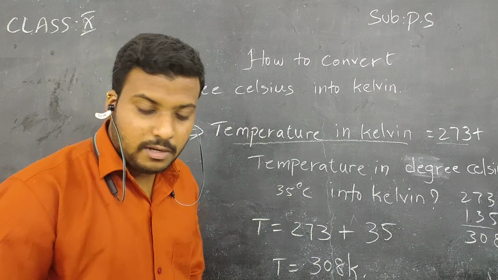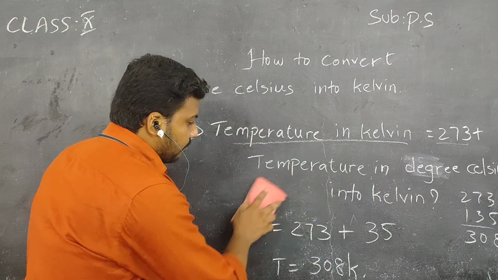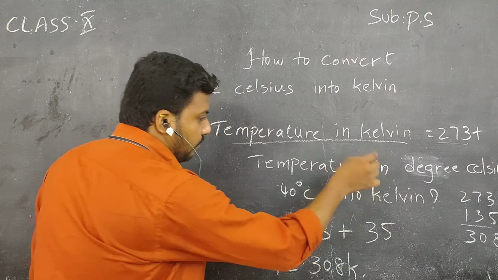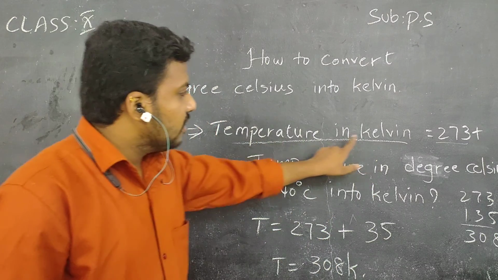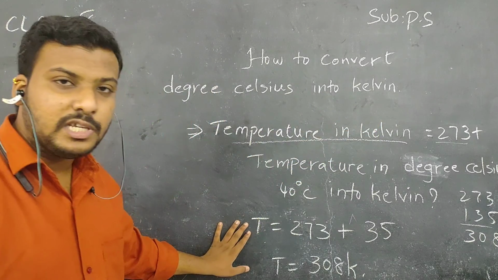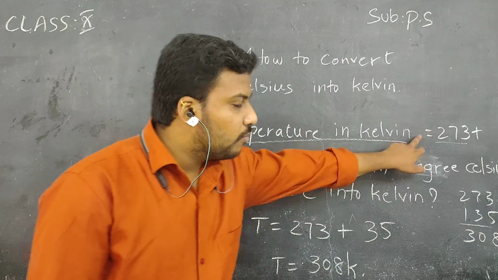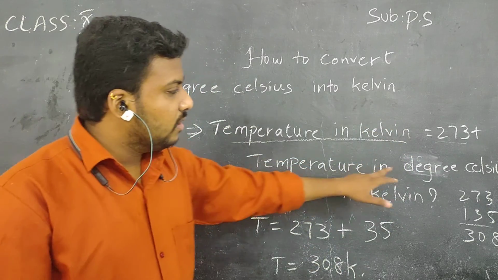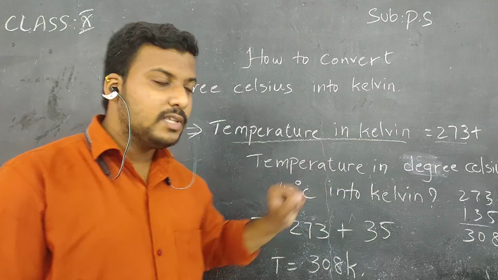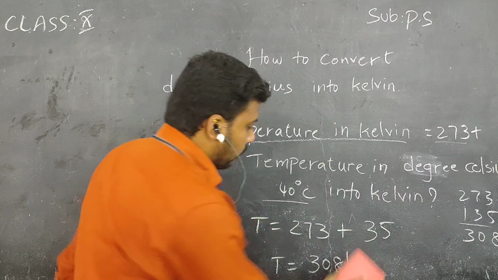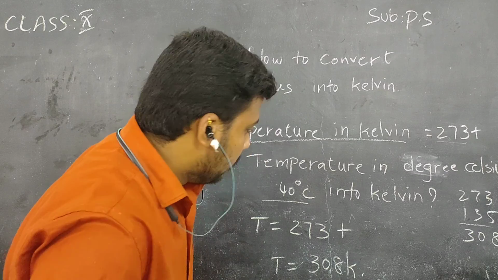If suppose they give 40 degrees Celsius, convert 40 degrees Celsius into Kelvin. Same: temperature in Kelvin. You want Kelvin temperature, no? So for that you represent T, that's all. T equal to 273 plus temperature in degrees Celsius. What was the degree Celsius they gave, children? 40. In the place of 35 you write 40.